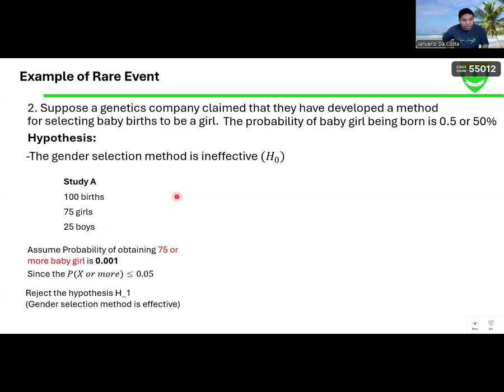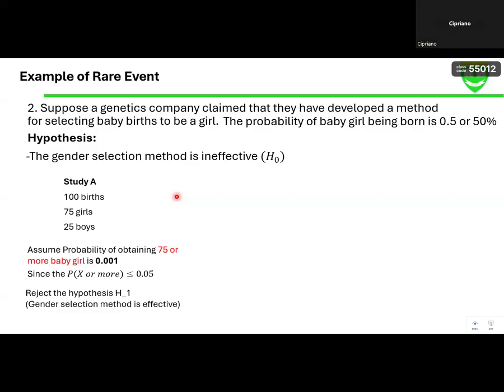That is very, very low, 0.000001. That's how you calculate the probability.